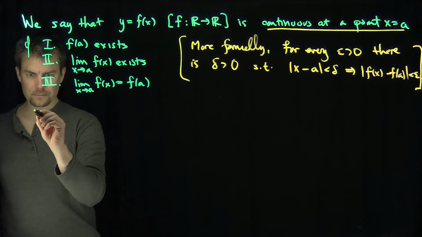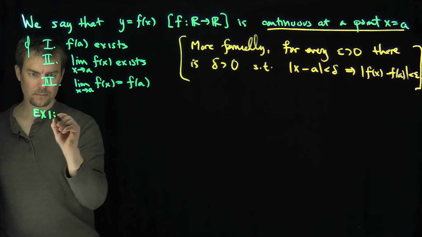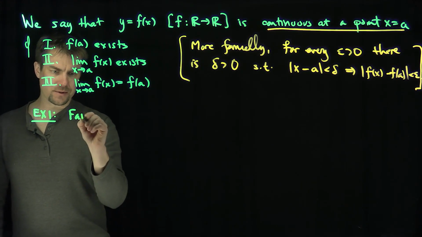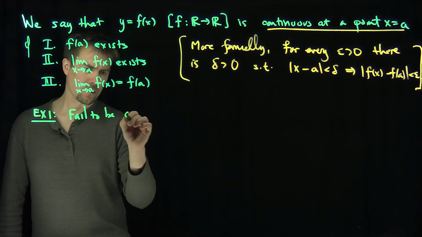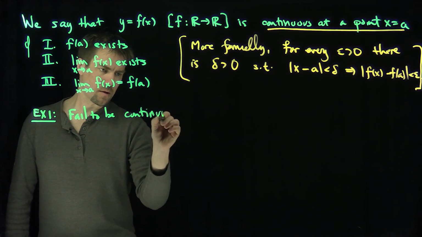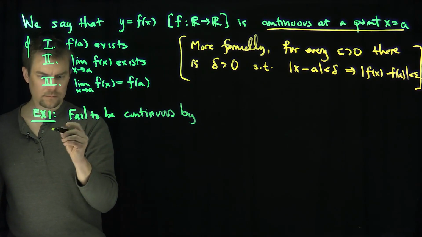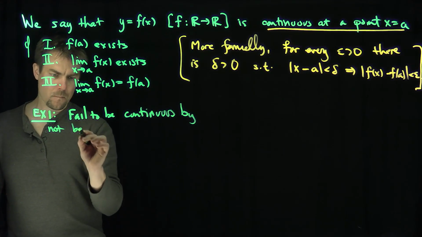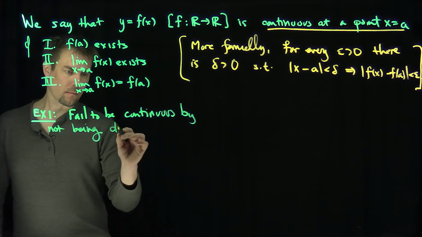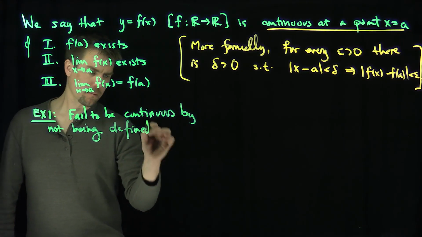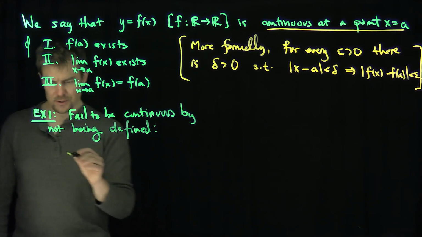So for example, you can fail to be continuous by not being defined at the point. Here's an example of that.